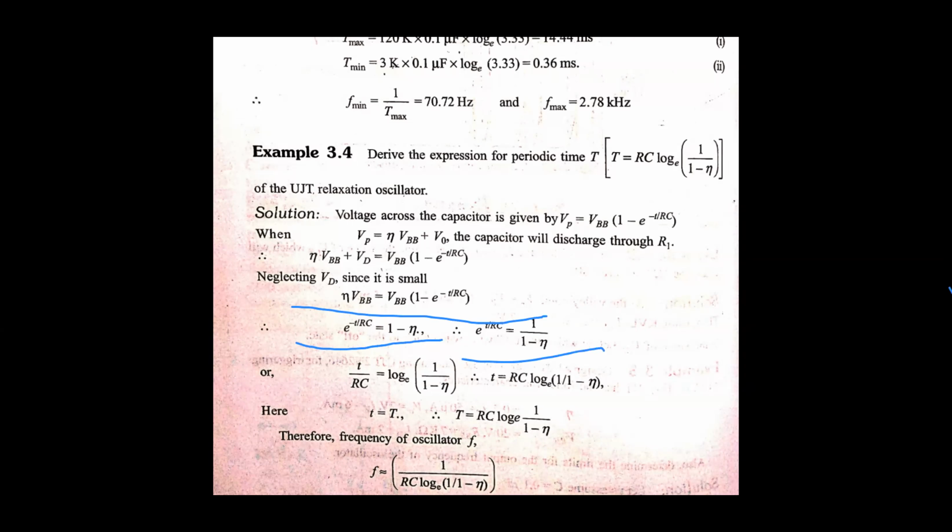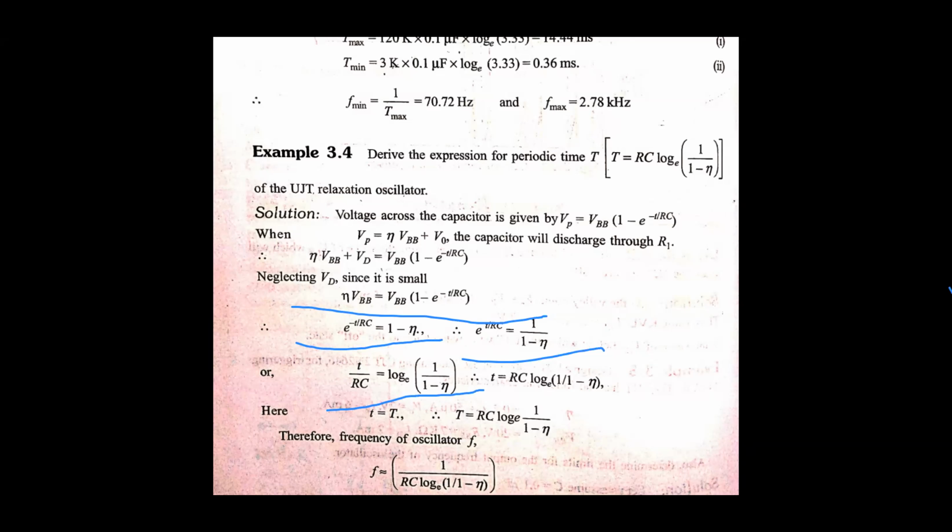Then taking the log, T divided by RC is equal to log of 1 divided by 1 minus eta. So T is going to be RC into log of 1 divided by 1 minus eta. This is the time period of the oscillations of the UJT oscillator.